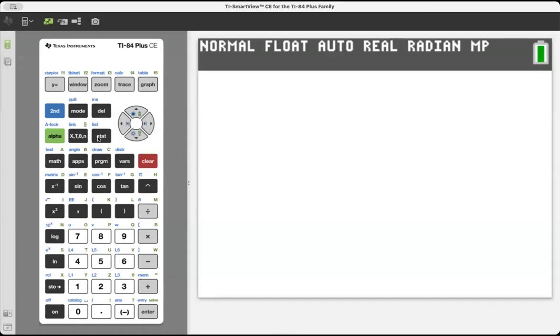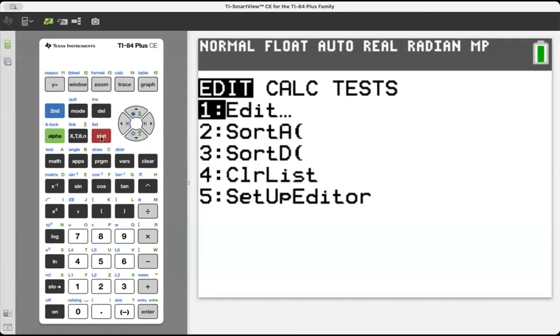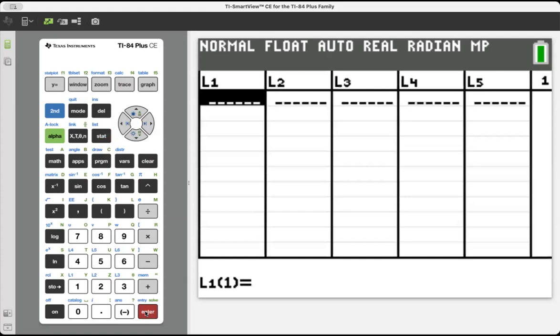So with the calculator open, we press Stat, Edit. If you have any data in here from a previous lecture, you can go up to the name of the list, press Clear, and Enter, and that would clear out the list.